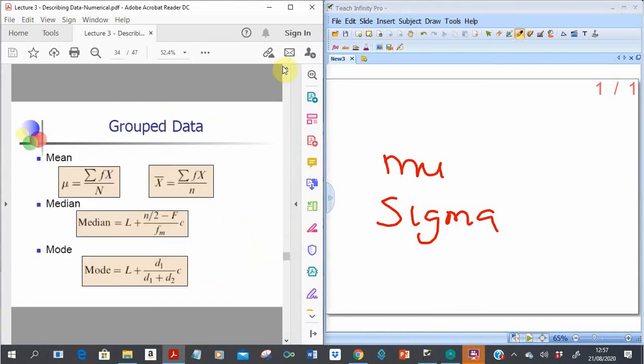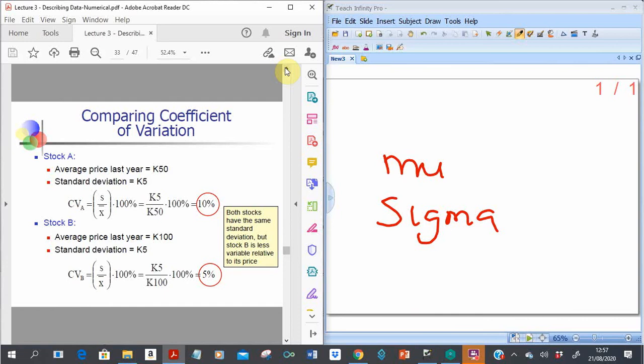So we're given an example. The average price last year was 50 kwacha for stock A, and the standard deviation is 5. We need to find the coefficient of variation. So we just get our 5 divided by 50 multiplied by 100, and we get 10%.